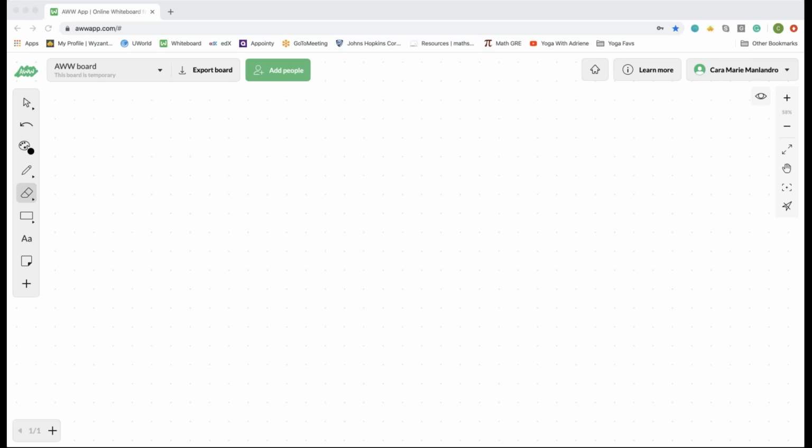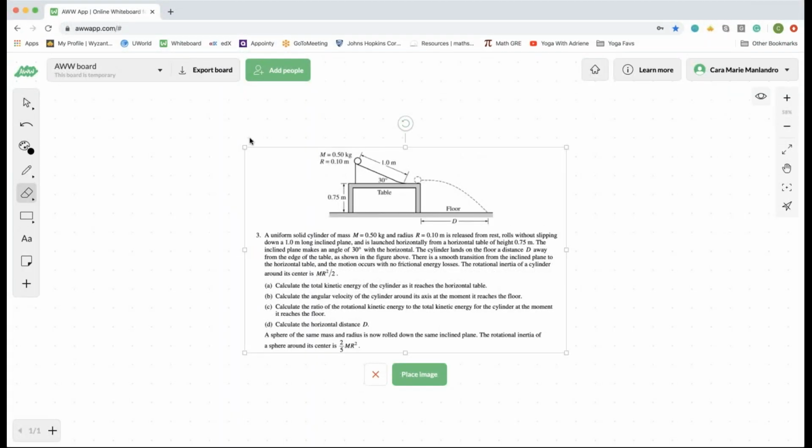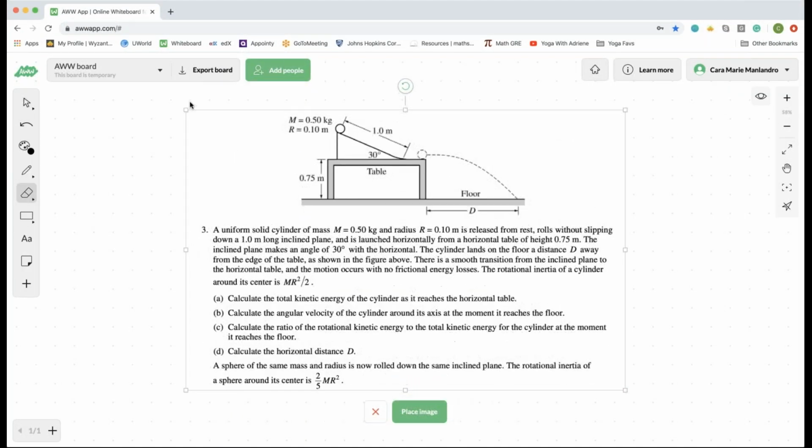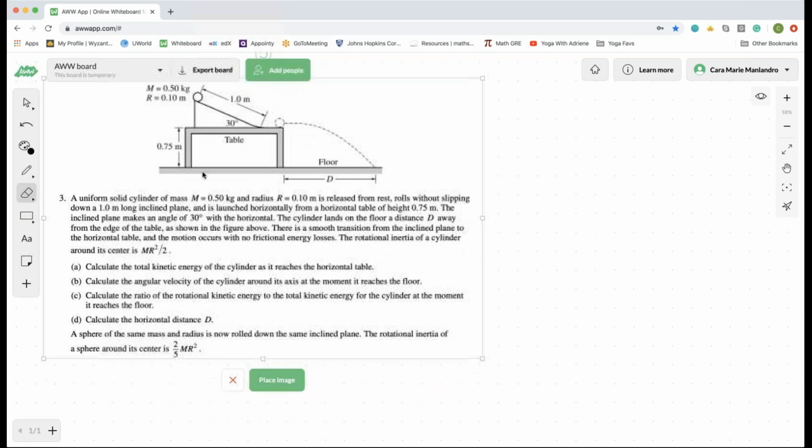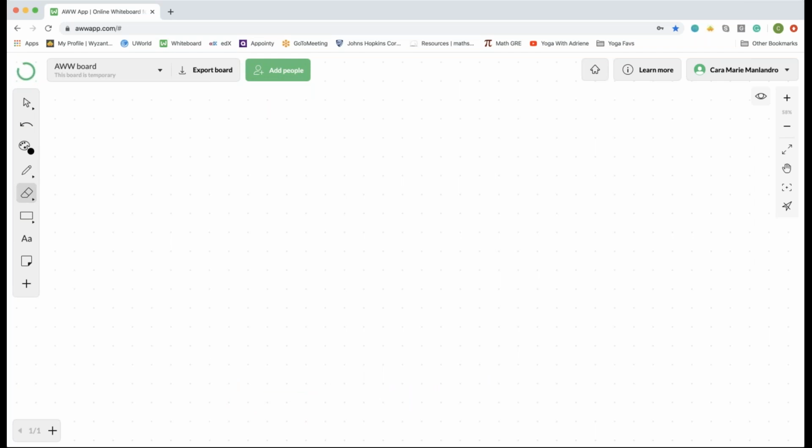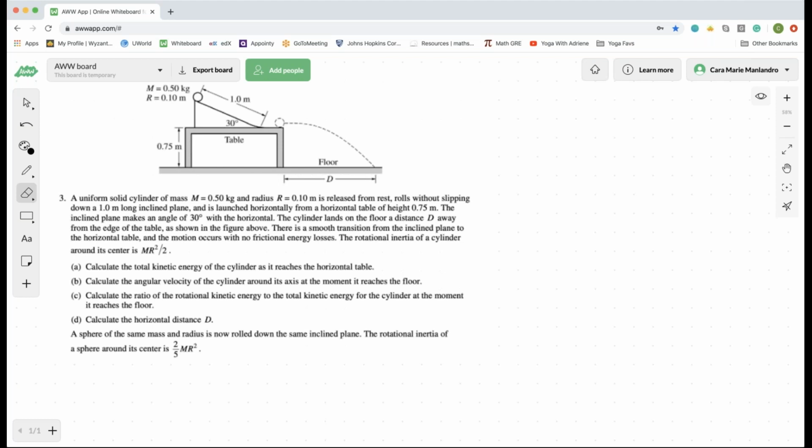All right, so looks like we have a real interesting system going on here. Okay, uniform solid cylinder of mass M, great, and radius R is released from rest, rolls without slipping, that's important.